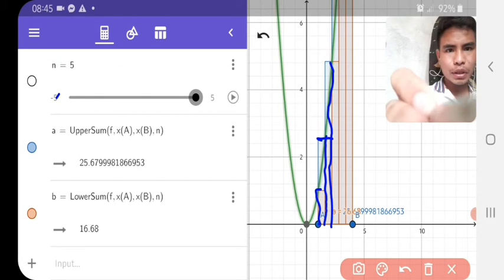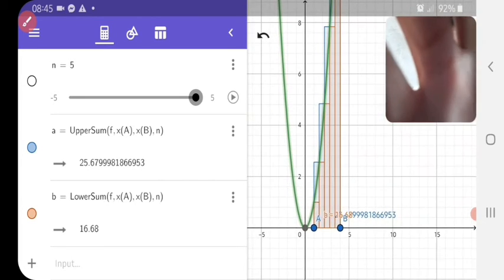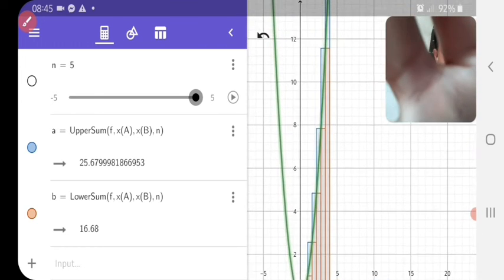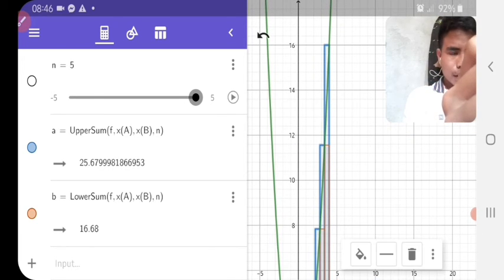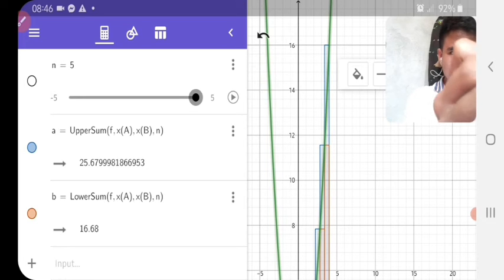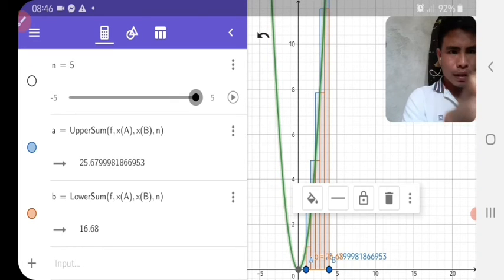And our upper sum starts here from the right side, from the upper side up to the end point of the curve, which is 16 here, up to this one. Then this is the partition.